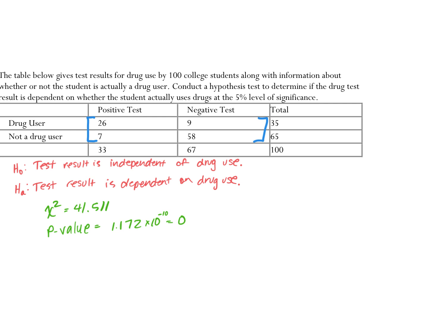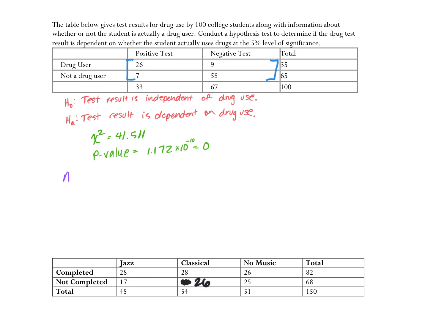And we're going to make our conclusion. At 5% significance, you guys, is our p-value greater than or less than 5%? Less than 5%, and what does that tell us? That we reject.